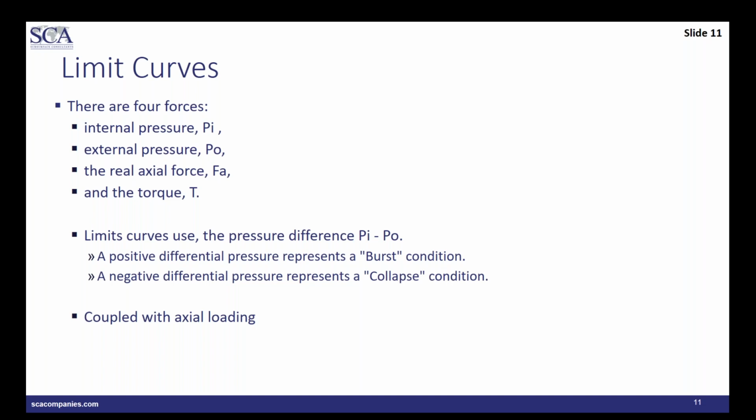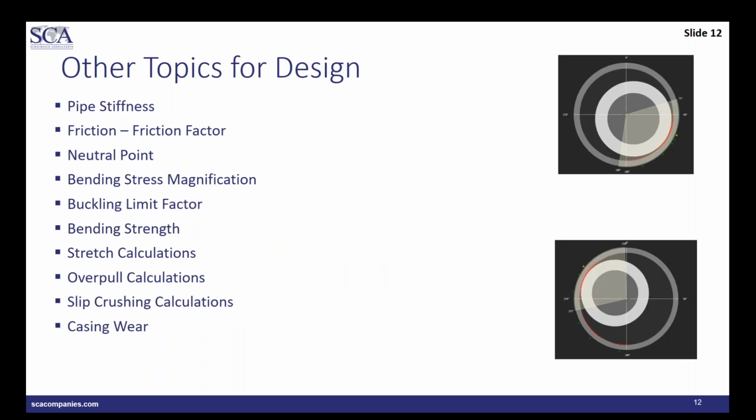The limit curves are very important in the design space. Now, there are a lot of other topics that we need to cover, which we will do in the class. Pipe stiffness, how does it relate to the bending and the torsion? Friction, when we calculate the torque and drag, we use a friction factor.